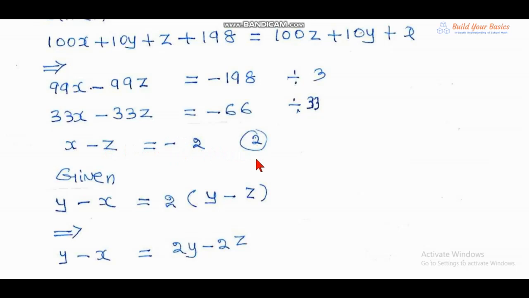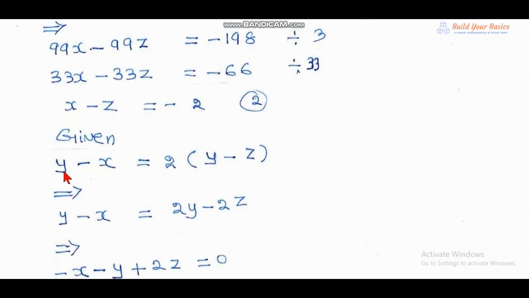Now let us take up the third statement. The tens digit exceeds the hundreds digit by twice as that of the tens digit exceeds the unit digit. The tens digit exceeds the hundreds digit by what amount? By twice as that of the tens digit exceeds the unit digit.